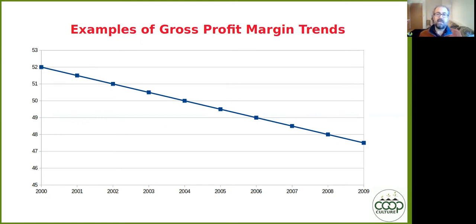First of all, if I have any graphical representation of any key financial performance indicators, before trying to explain the real world scenario behind it, I like to try and describe what is there. So what can we see here? Well, we can see a steadily decreasing line. So it starts at 52%, it decreases over 9 years to 47.5%. So this is a small, slow, steadily decreasing line.